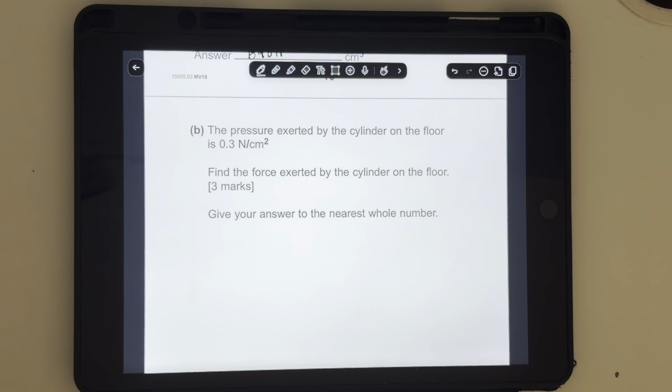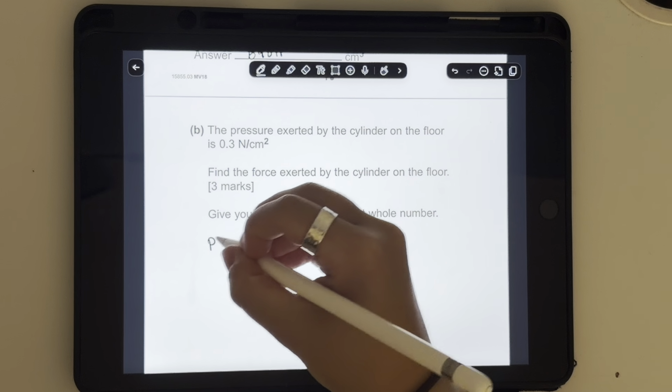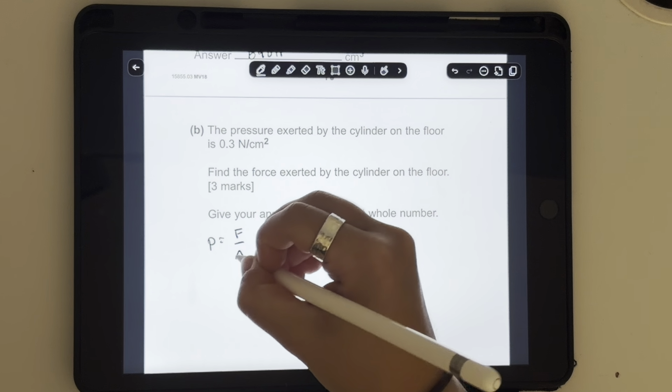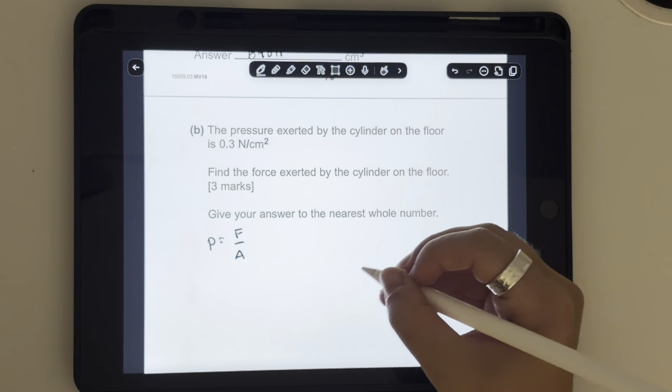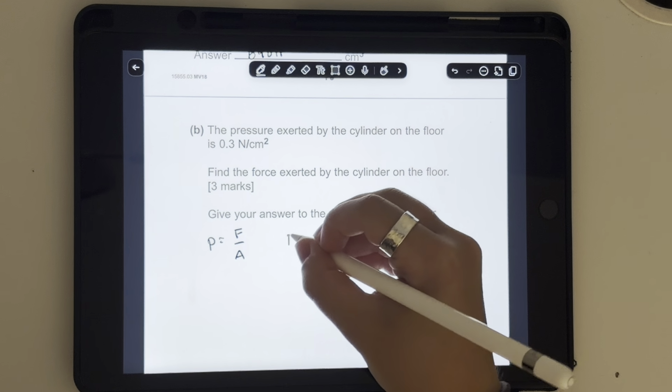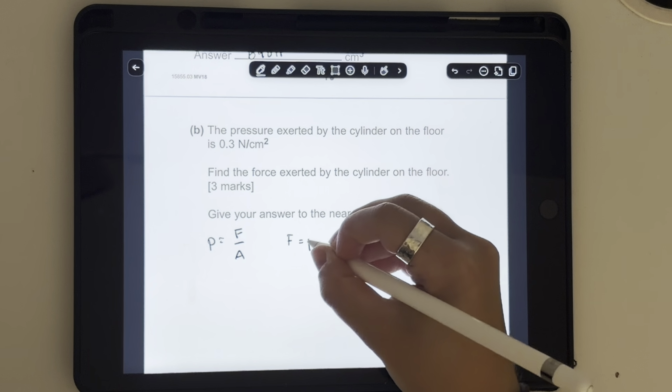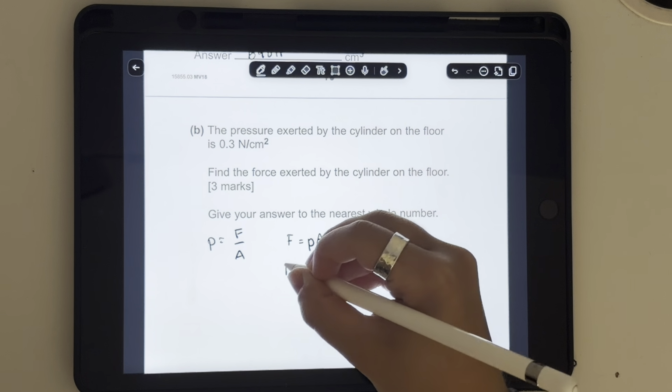Let's try that. So force equals pressure times area.